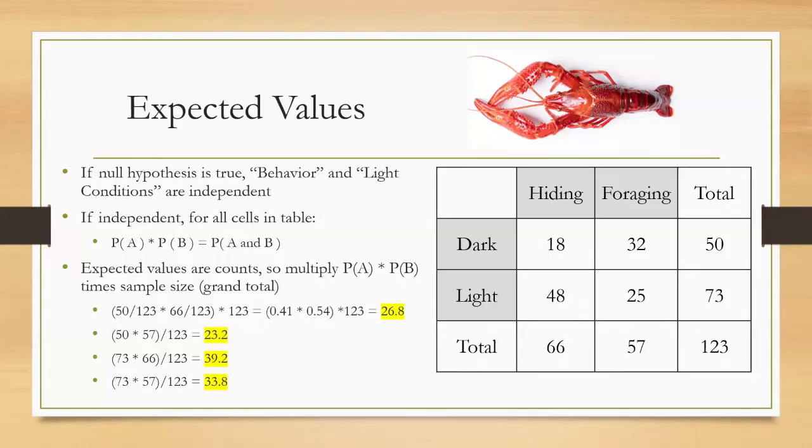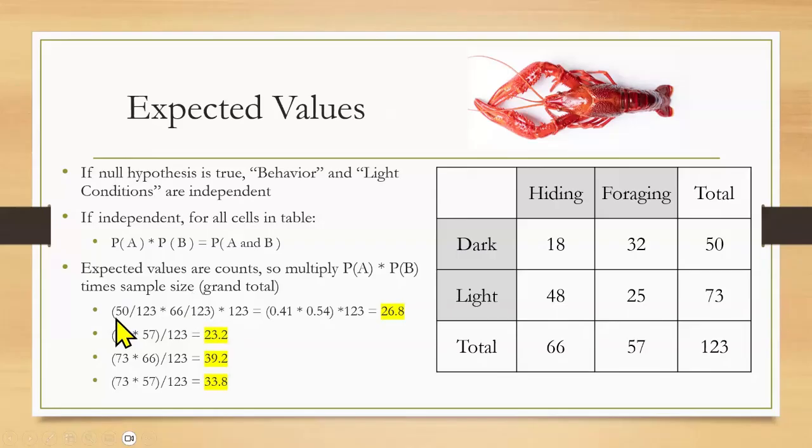Okay, so let me show you how this works in this example. We're going to start by finding the probability that we'd expect if the null hypothesis were true, probability A times probability B. Then we're just going to multiply it times the sample size.